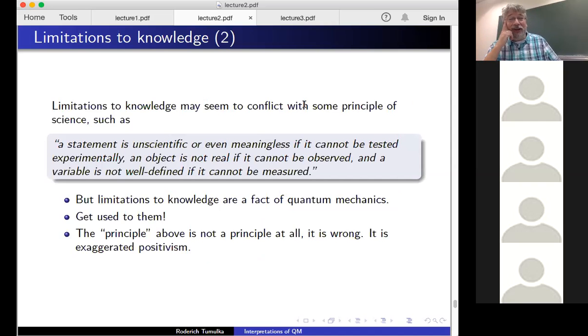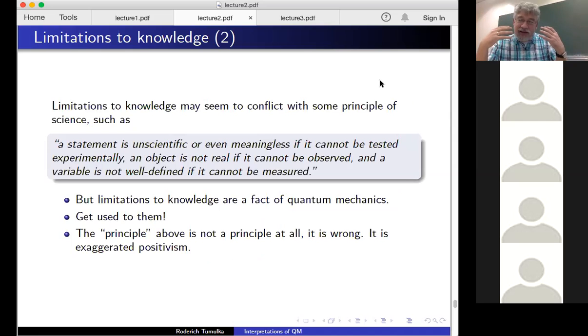Now, when you think about it, this sounds shocking. Why is it shocking? It's shocking because it would seem to conflict with certain principles of science, such as the following. I've formulated it here. I put it in quotation marks, but I actually made it up. I didn't quote anybody here. So nobody actually said it this way.